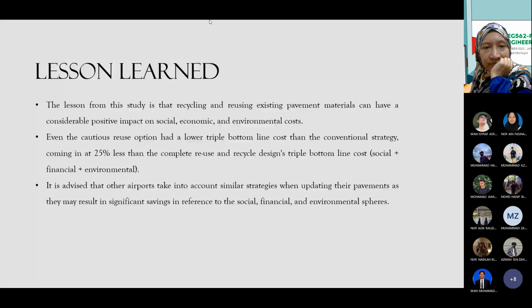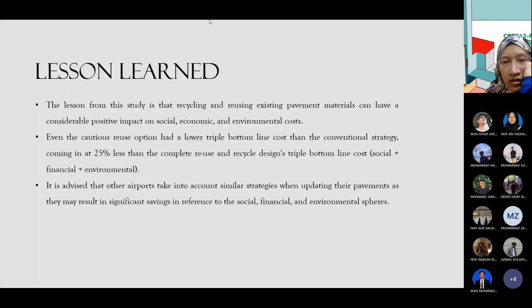Even the cautious reuse option had a lower triple bottom line cost than the conventional strategy, coming in at 25% less than the complete reuse and recycle design's triple bottom line cost. It is advised that other airports take into account similar strategies when updating their pavements, as they may result in significant savings in reference to the social, financial, and environmental scale.